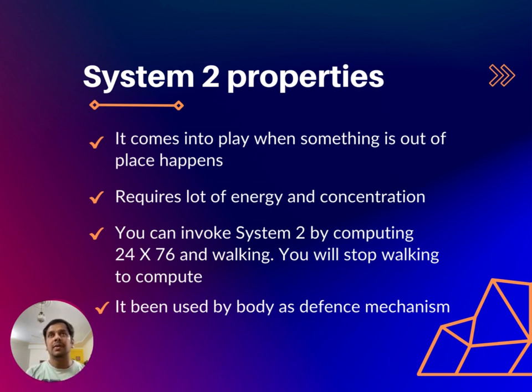It is almost impossible for a normal person to do both things. Whenever something happens out of place, like a loud bang, system two gets activated. This is like the defense mechanism of your body, and it also activates whenever your body senses some sort of danger.